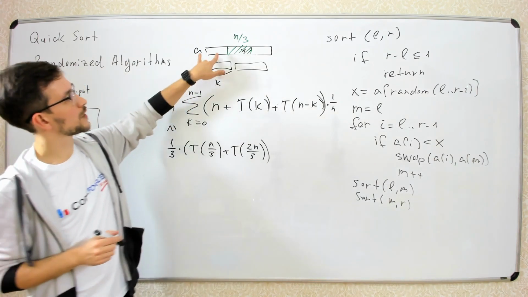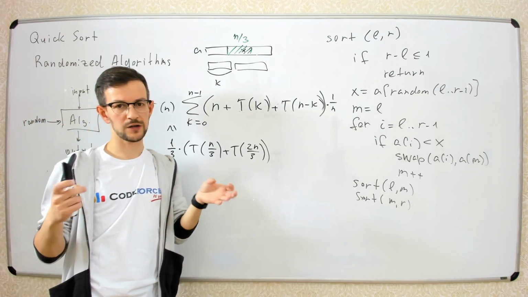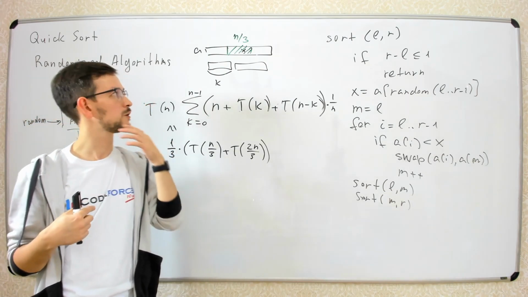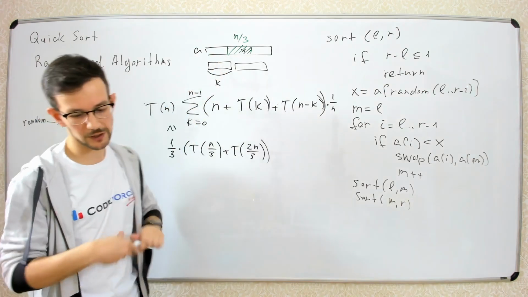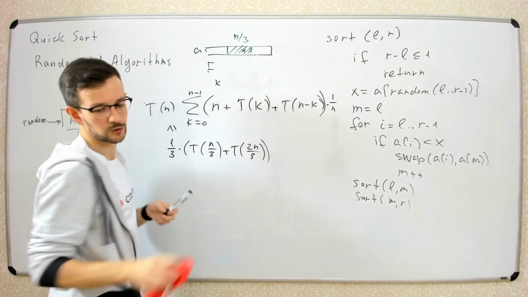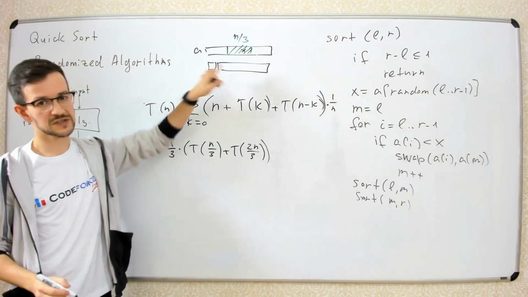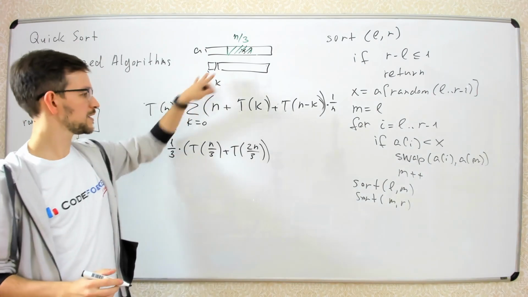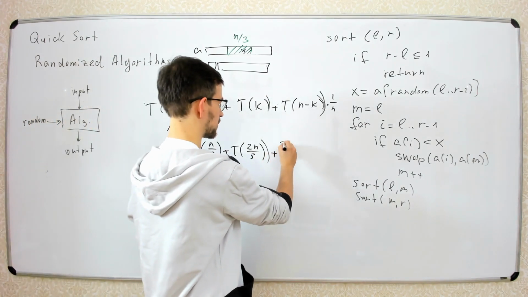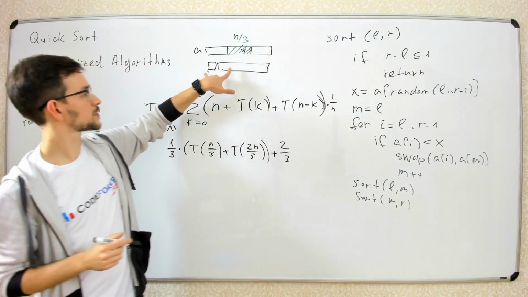And if you pick one of the elements from this outer group, you will split the array into not very equal groups. If you pick one element here, you will split your array very badly, somehow like this. We'll say this is the bad split. So in the bad case, which happens in 2/3 of the cases, you will split something like that.